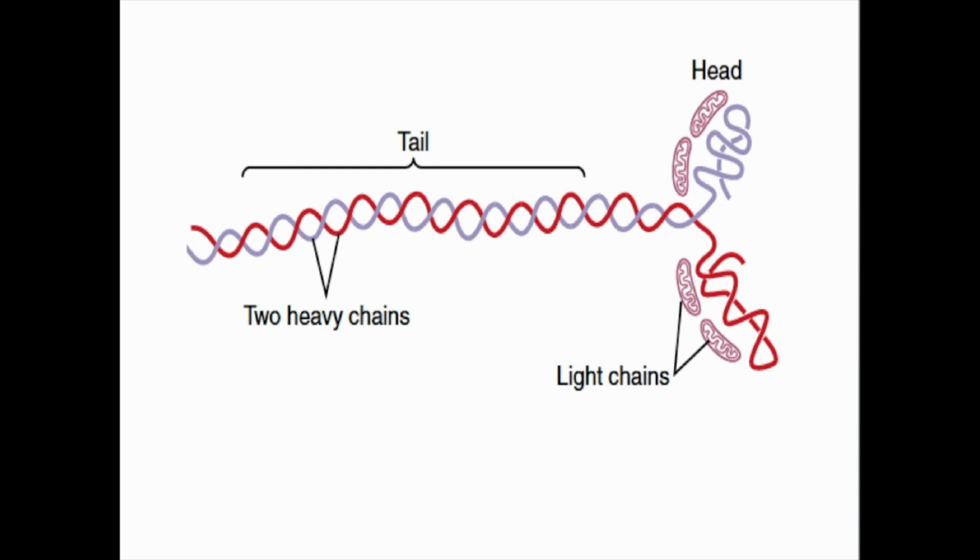A significant property is the ATPase activity of the myosin head. This myosin head functions as an ATPase enzyme, and this property allows the head to cleave ATP and use the energy for the contraction process.